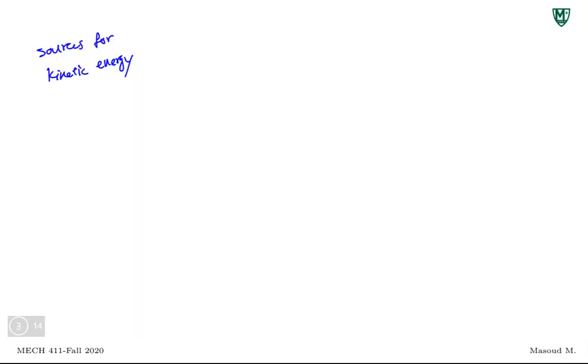Now, what are those sources? Let's put it here. So the first source of kinetic energy, can someone actually tell me, do you have anything in mind about this source of kinetic energy from what you know from dynamics and physics? What could be a source for kinetic energy in a system? Think about the spring mass damper or a pendulum.